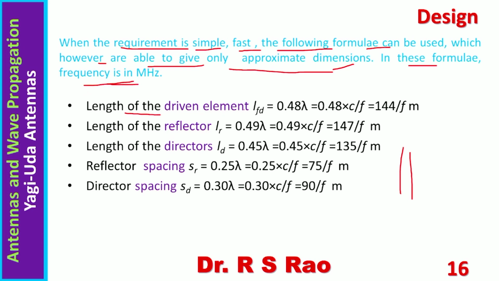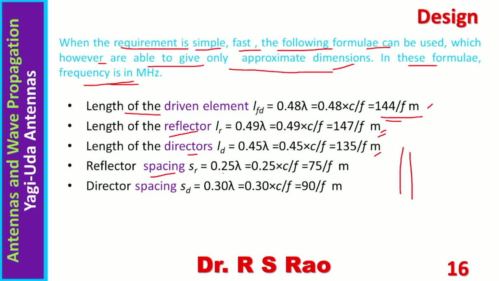Length of the driven element is 0.48 lambda. It turns out to be 144 over f meters. Length of reflector, 0.49 lambda. It turns out to be 147 over f meters. Length of directors is 135 over frequency f meters.